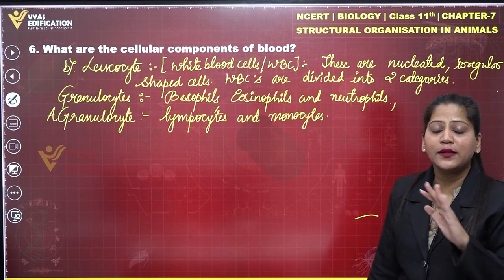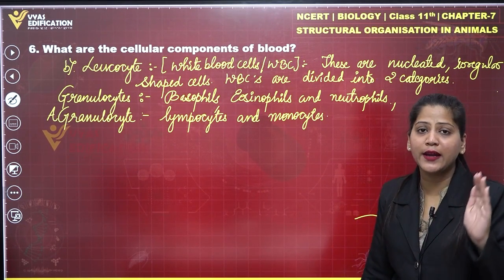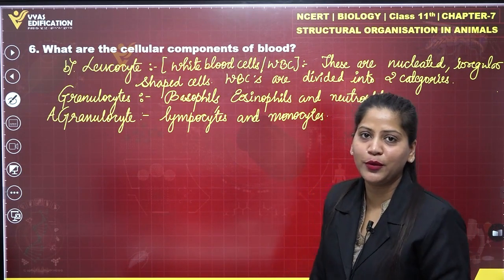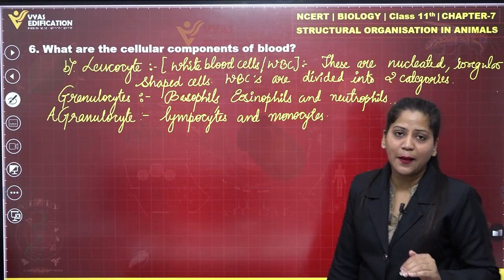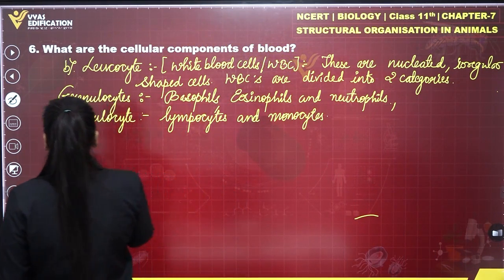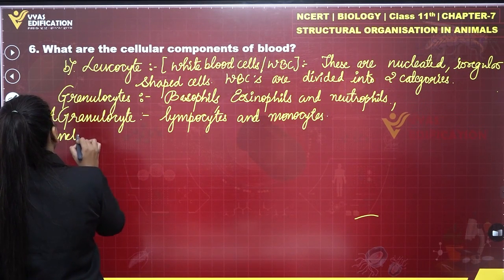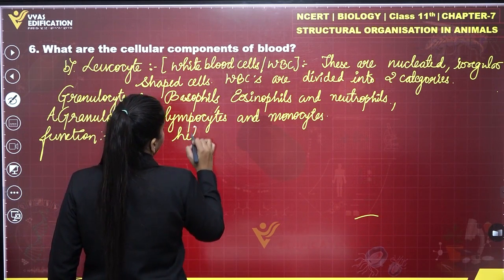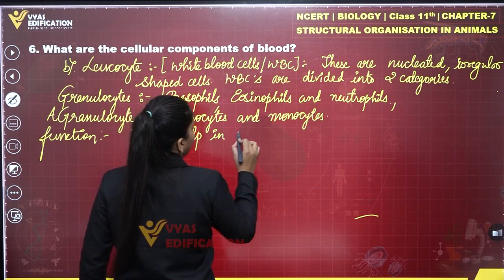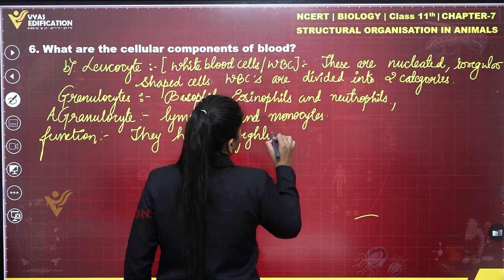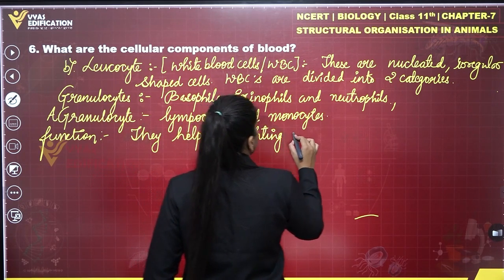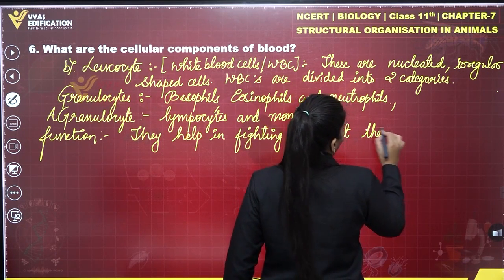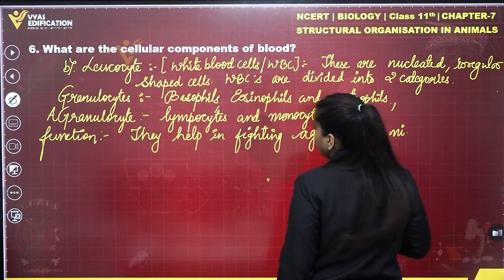So all these basophils, eosinophils, neutrophils, lymphocytes, monocytes, all are types of leukocytes or WBC cells, and if you talk about the function of leukocytes, they help in fighting against microorganisms, or I may write pathogens, right?